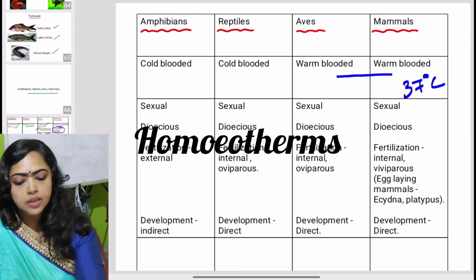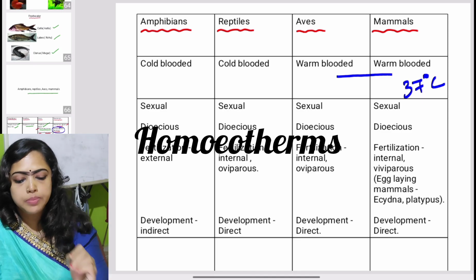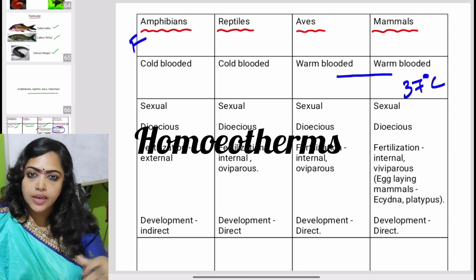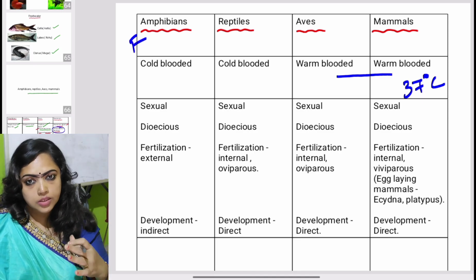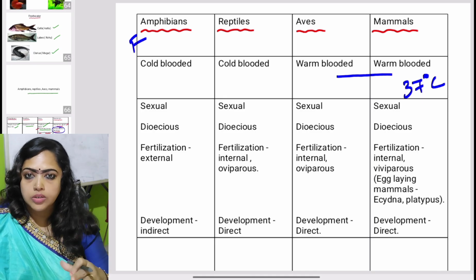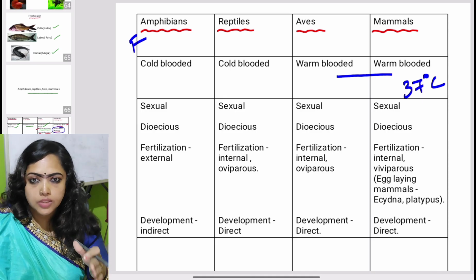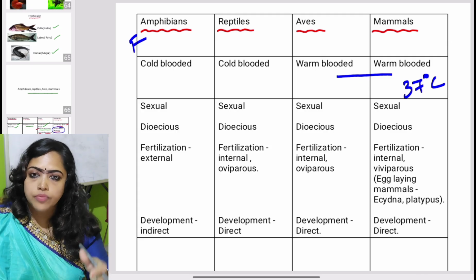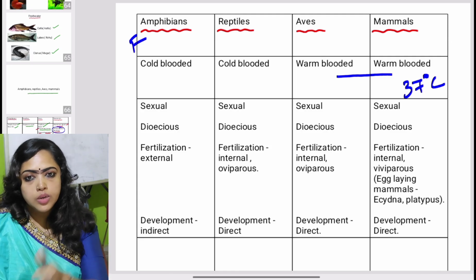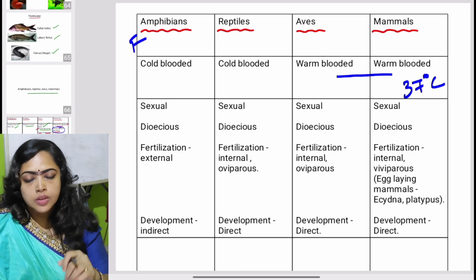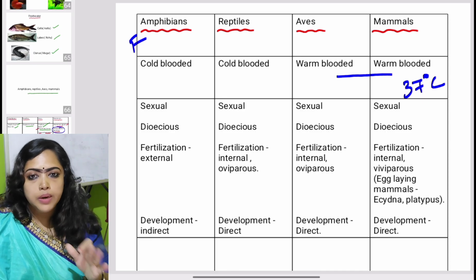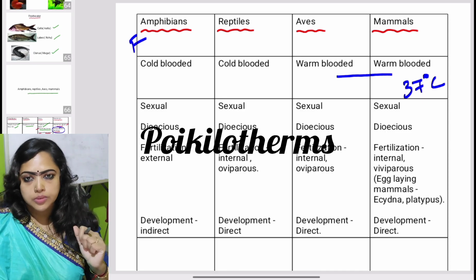But when we consider fishes also, fishes, amphibians and reptiles, they change their body temperature according to environmental temperature. It means the body temperature of a fish is the temperature of water or aquatic body in which it lives. Clear? So they are called cold-blooded or poikilotherms.